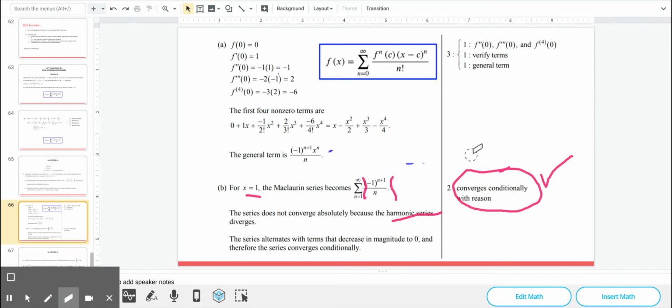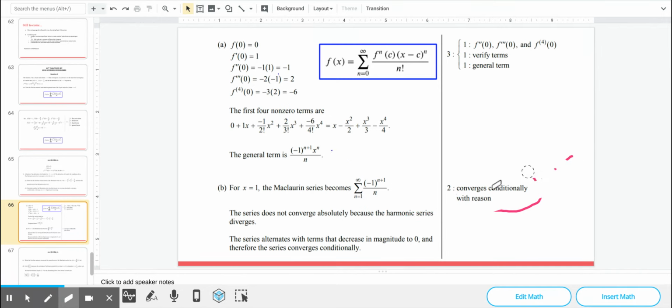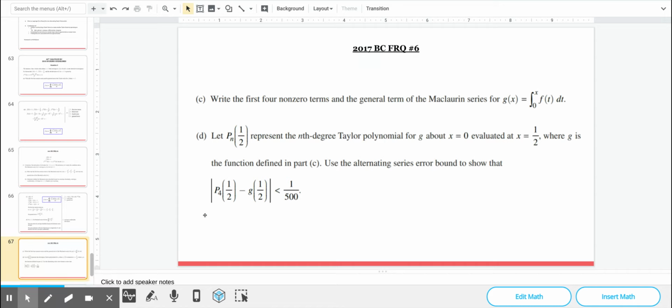Okay, let's move on to C and D. Again, we focused a lot on part A because that's really what this video is mostly about, but parts C and D are good ones. Part C puts together this idea of having to find an integral, which is something we just did. What we need to find is the first four non-zero terms and the general term for the Maclaurin series for g of x equals the integral of f of t.